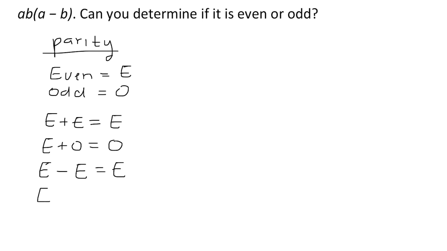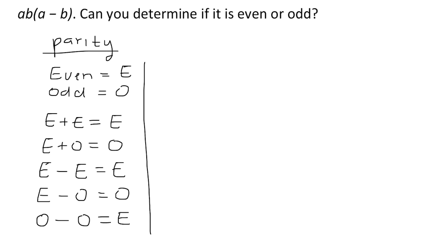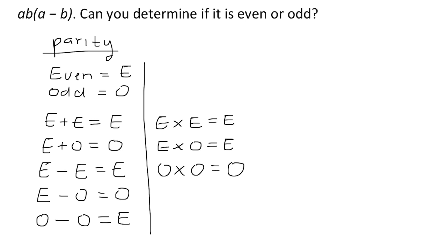Even minus odd will give us an odd number, and odd minus odd will give us an even number. Okay, and then even multiplied by even will give us an even number. Even multiplied by odd is even, and odd multiplied by odd is an odd number.